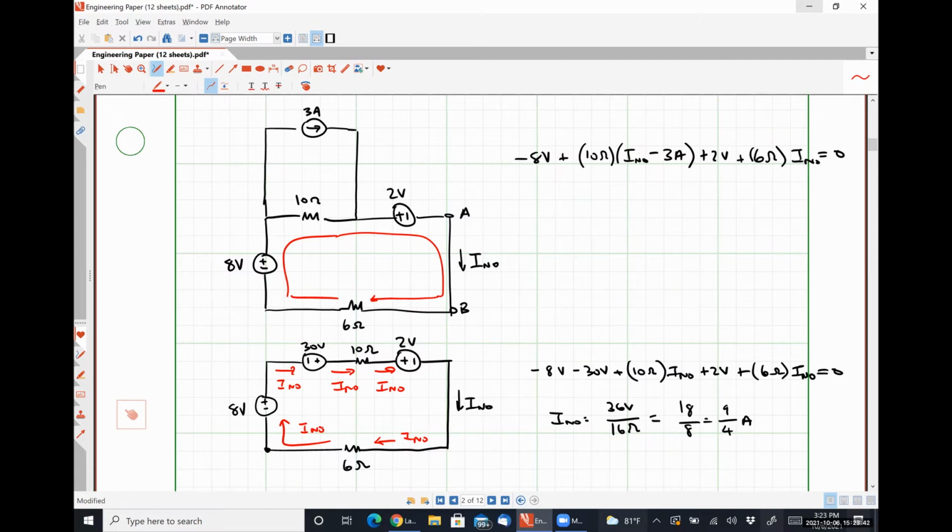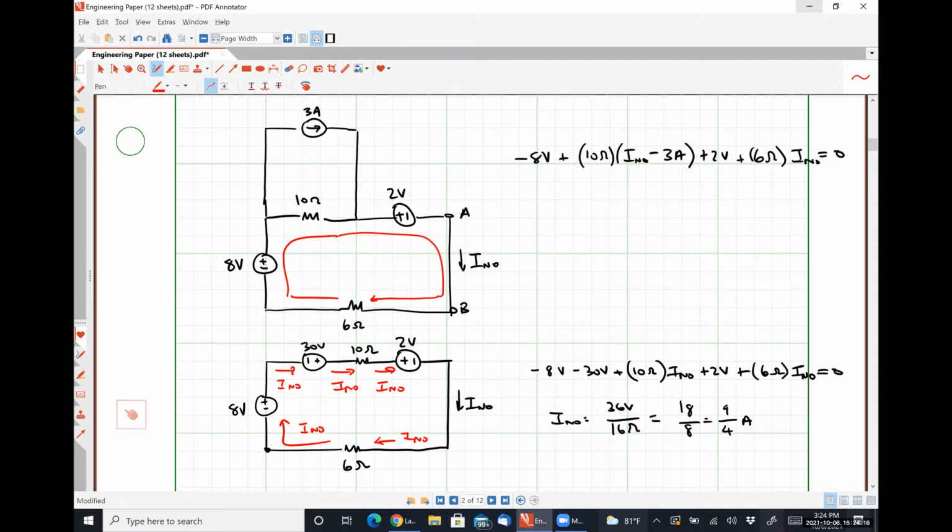So I could have redrawn that with the 8-volt directly connected to the 10, connected to the 30-volt source, connected to the 2-volt source, and it would behave in the exact same way. So those two things are electrically equivalent, which means it doesn't matter which representation I use. Exactly right, yeah. So while this element is not directly connected to the next one, they would be considered in series because the current has no other path to take.